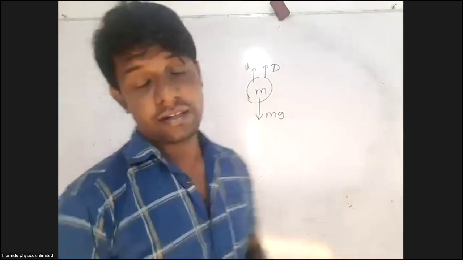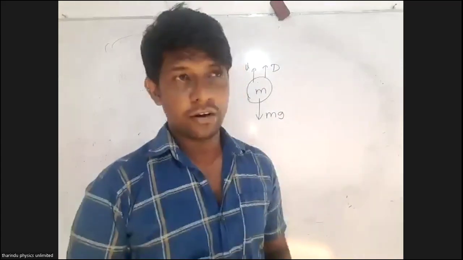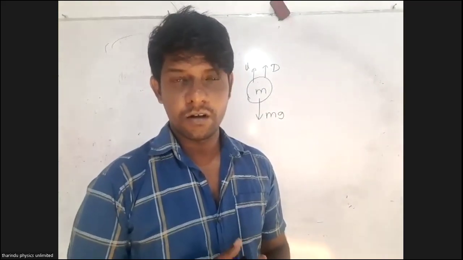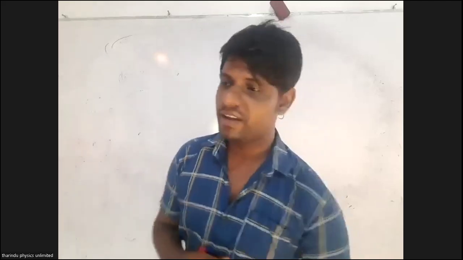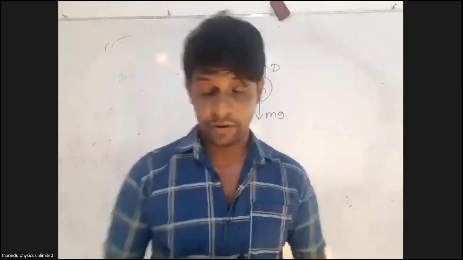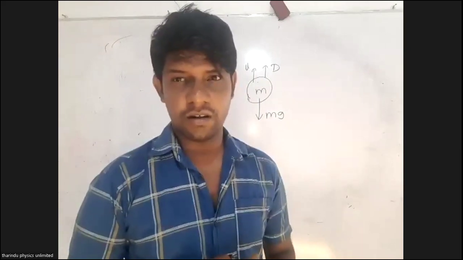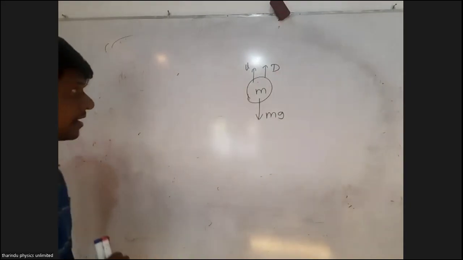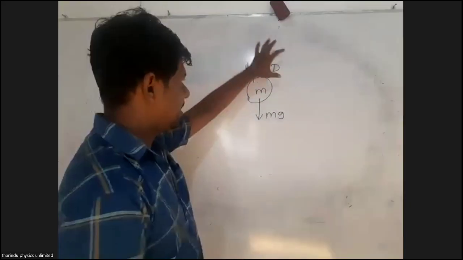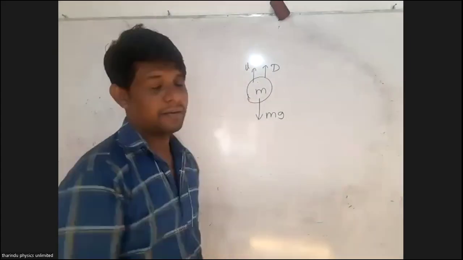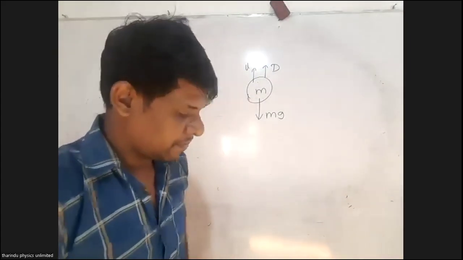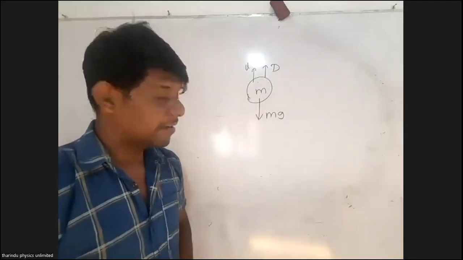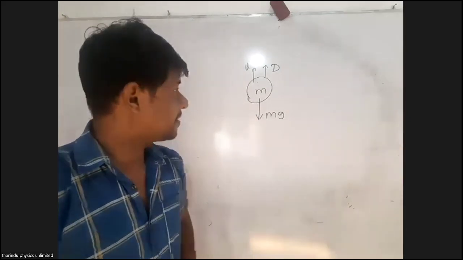Write this in a new line. Falling of a fruit from a tree is a good example. Now we look at the example given in the diagram.